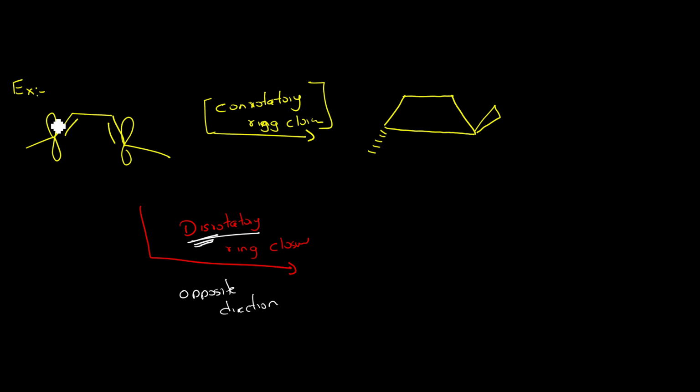Now in the opposite direction, let's say we rotate this orbital in the right hand side, while we rotate this orbital in the left hand side. So it's opposite direction, top overlap. When you rotate this orbital to the right hand side, you will see that this methyl group comes up over the plane.